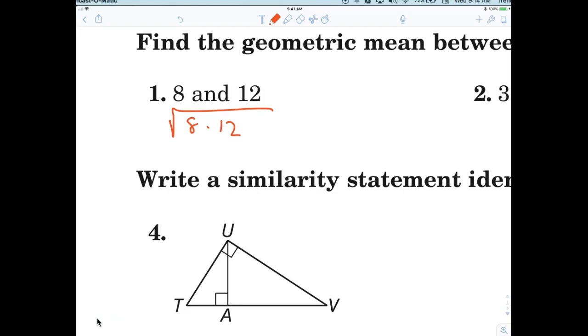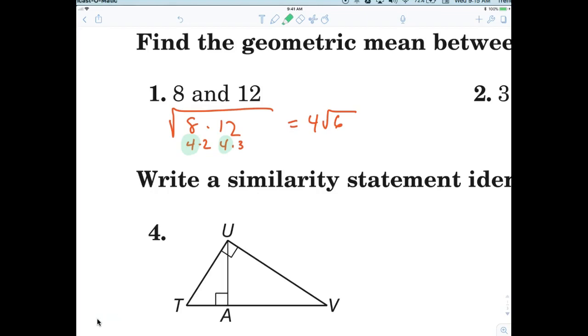Instead of multiplying 8 times 12 to get 96 and then breaking 96 down, it's much better to see there is a common 4 in 8 and 12. So you should be able to look at that and just say the answer is 4 radical 6. Because 8 is 4 times 2, and 12 is 4 times 3, so you pull out the 4, and the 2 and the 3 are left behind. Are you okay with that?